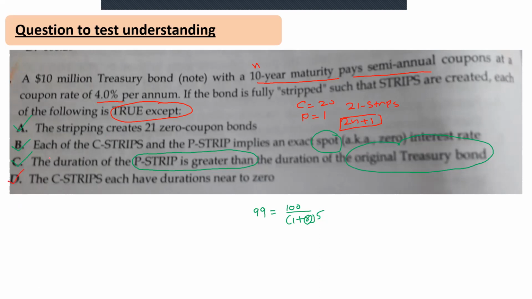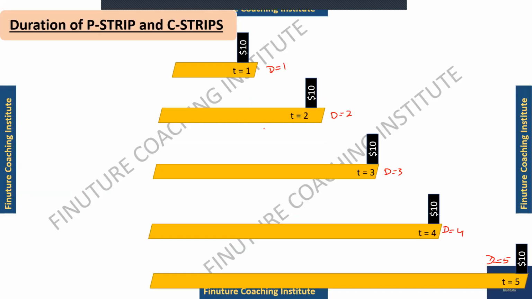But let's have a look. The C strip each has a duration near to zero. This is not correct. As we saw, each C strip will have a corresponding duration, which corresponds to the maturity, the time interval at which we receive the coupon payment.